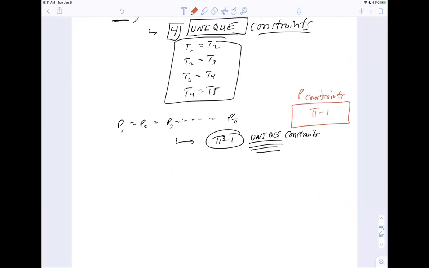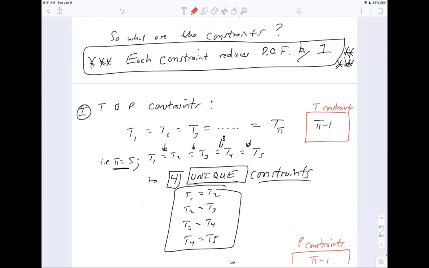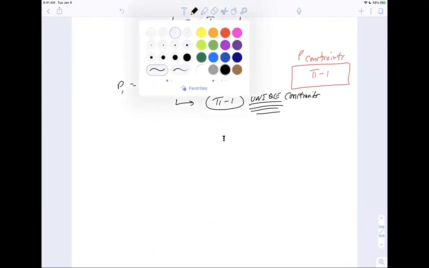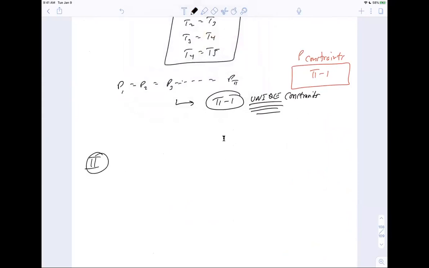The first one, so let me see, that was capital 1. So this is the next set of constraints. Remember, for each phase, we have C chemical components. Chemical species, molecules, whatever you want to call them, they're unique chemical components in each phase.